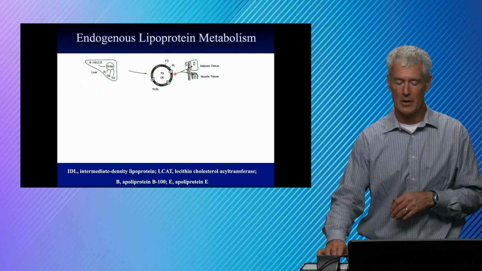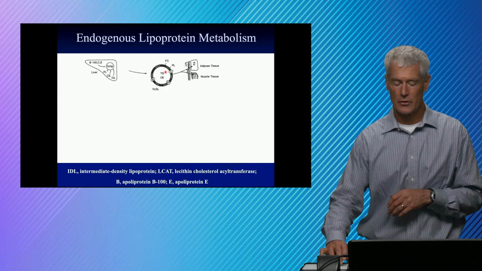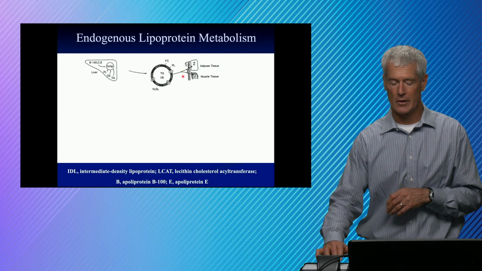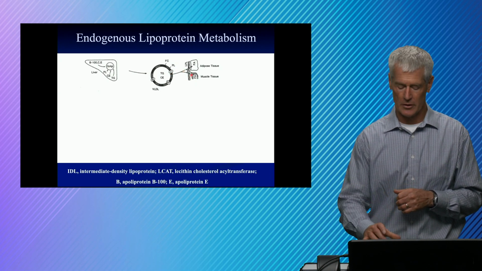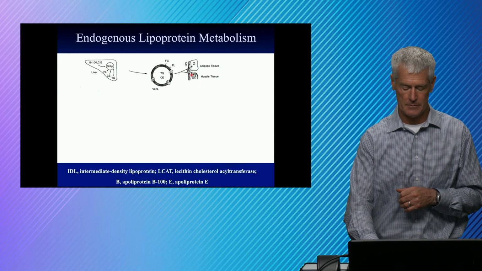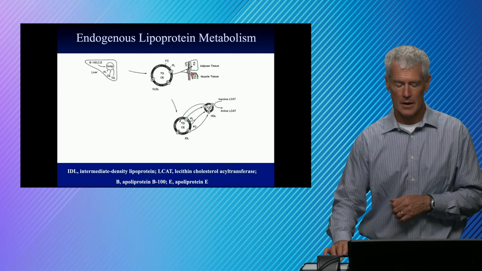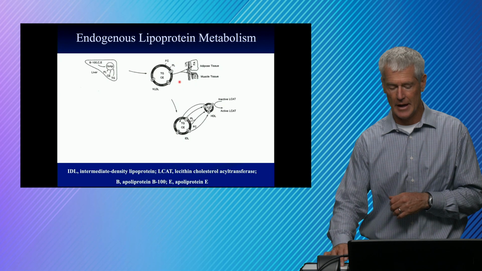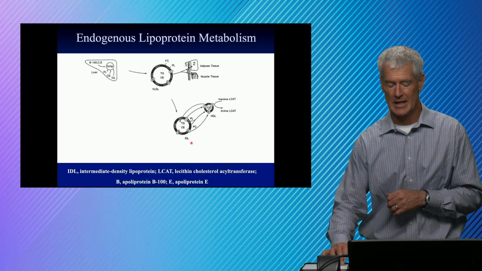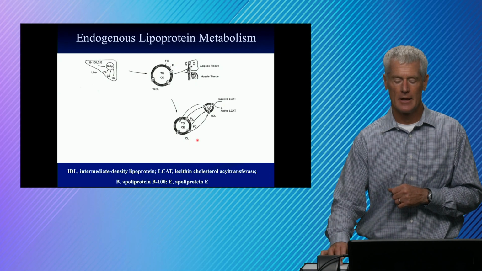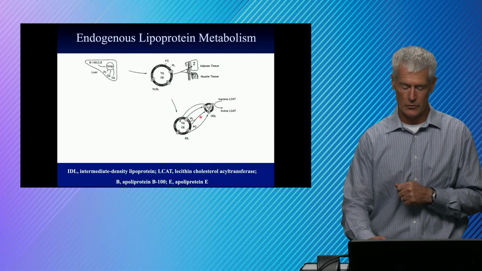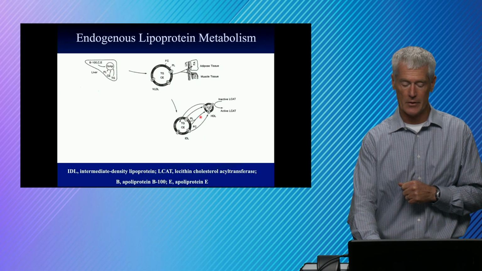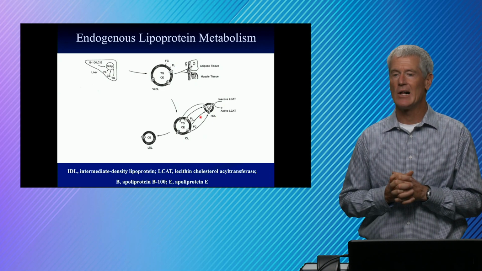It already has apolipoprotein C2, so it interacts in the periphery, delivering free fatty acids as an energy source, reducing the triglyceride content. After it's lost some of its triglyceride content, it's now an intermediate density lipoprotein, or IDL. It interacts with HDL again and reduces the triglyceride content further to form what we know as LDL.